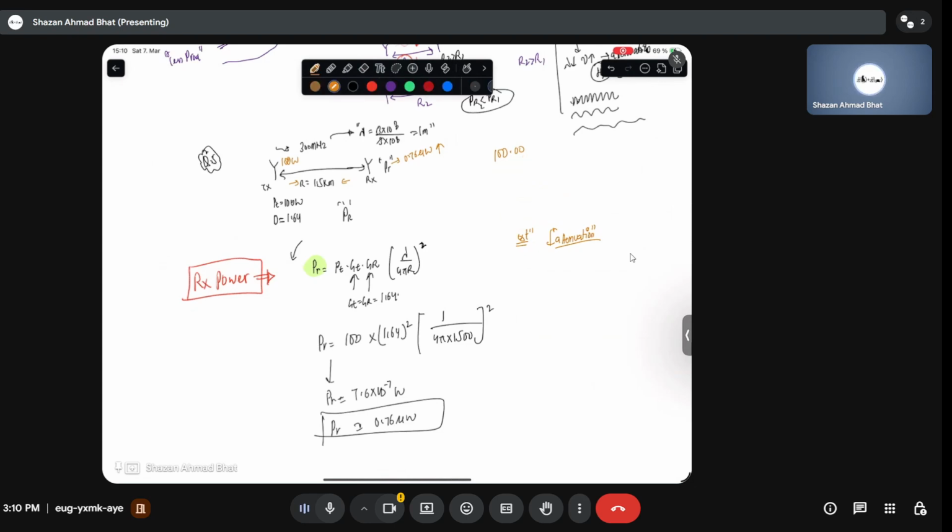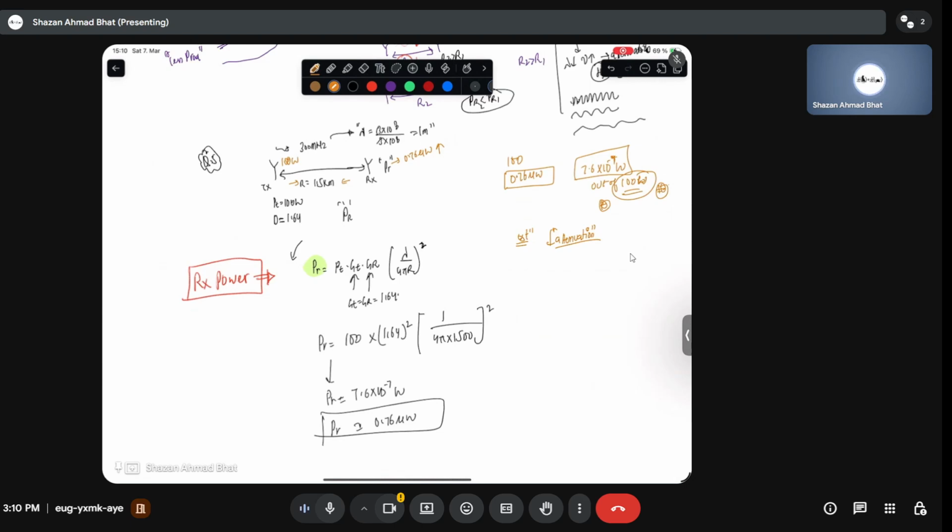So out of 100 watts, only 0.76 microwatts is received, which is 7.6 into 10 to the power minus 7 watts. This is negligible power being received, approximately, I should say, you should call it zero. So most of the power gets wasted, or it's not received by the antenna.